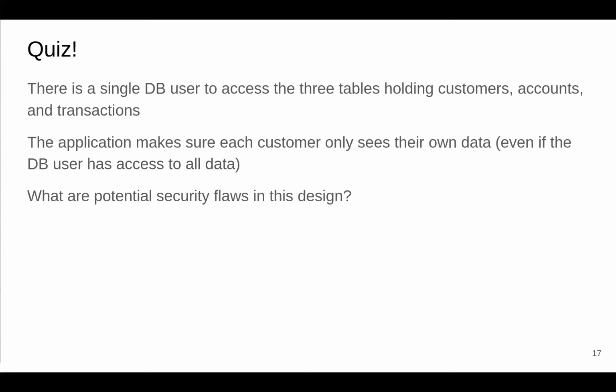Now, there's a single database user to access the 3 tables holding customers' accounts and transactions. The application makes sure each customer only sees their own data, hopefully, even if the database user would have access to all the data. What are potential security flaws in this setup? What are potential issues?